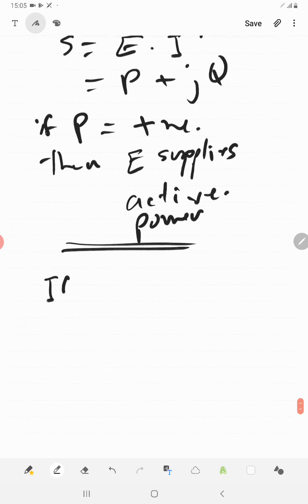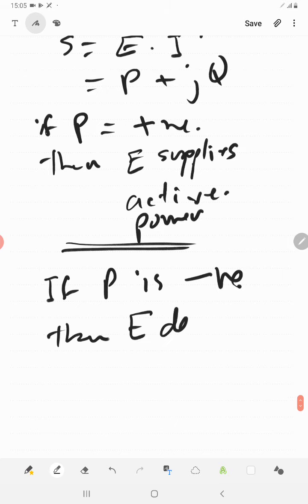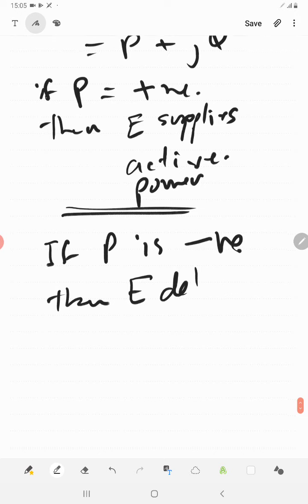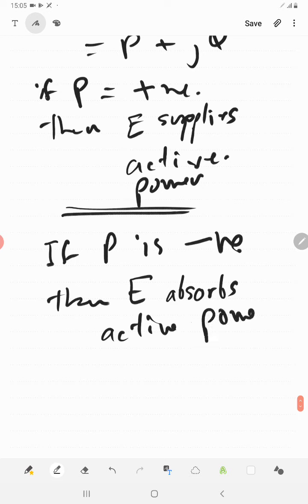If P is negative, then E absorbs, we say absorbs, it's not delivers. Supplies means delivers, we say absorbs. Then E absorbs active power.